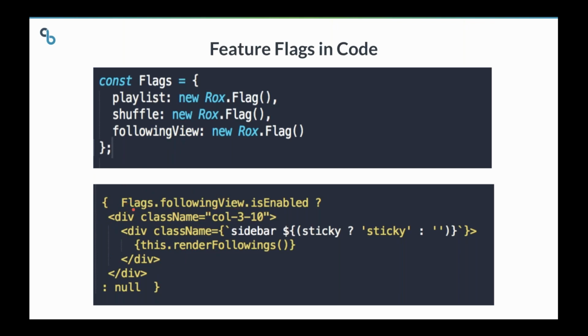If you can read this, it's basically saying if the following view feature flag is enabled, then go ahead and show this div, and if it's not enabled, then don't show anything. So feature flags on their own are very easy to introduce into the code. It's basically just a simple conditional to decide which code you're going to show, which code you're going to run.